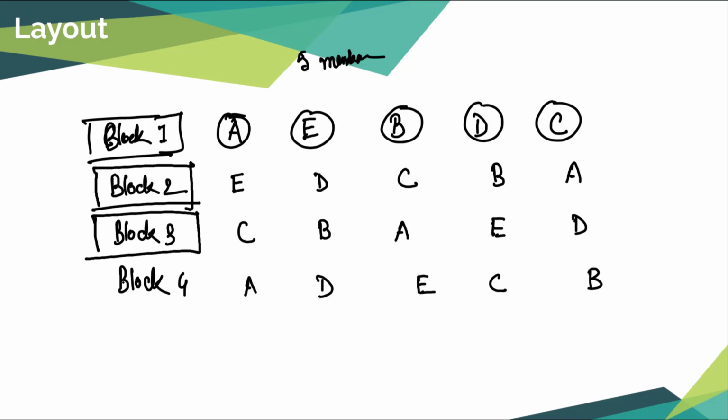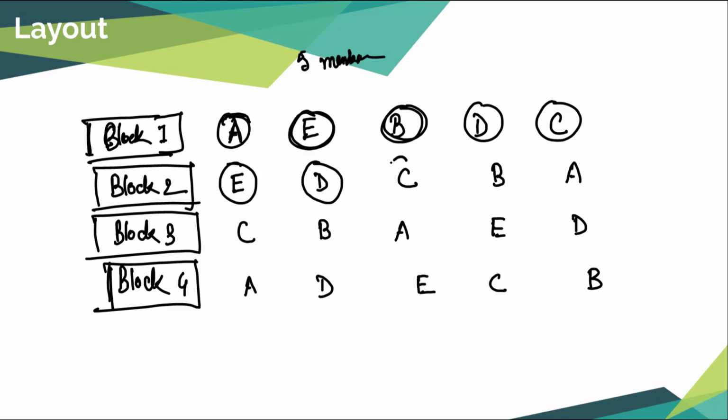Based on maybe age, maybe gender, maybe types of disease or the severity of disease, right? So in the first group of patients, we randomly gave the first member medicine A, second member medicine E, third member medicine B and so on. Similarly, in the second group, we have given the first member medicine E, second got medicine D, medicine C, medicine B, medicine A. So this is how we construct a RBD.